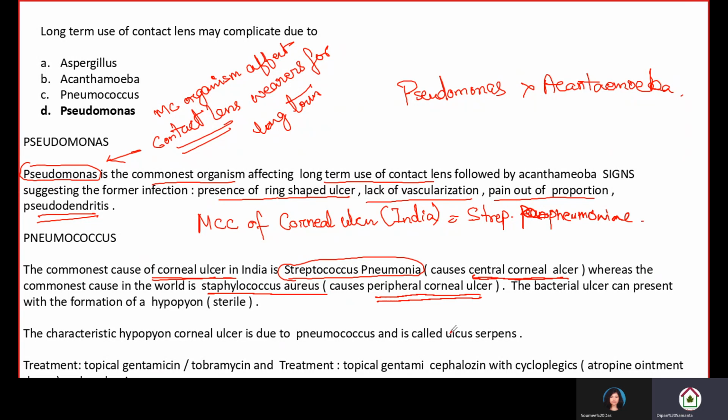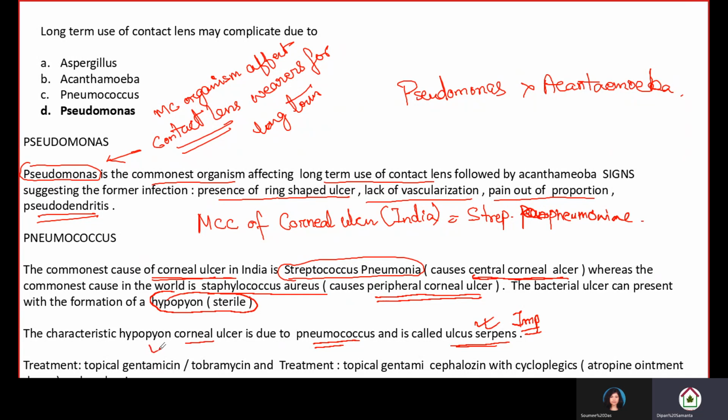A bacterial ulcer can present with the formation of hypopyon. The characteristic hypopyon corneal ulcer is due to pneumococcus and is called ulcus serpens. Very important term. It looks like a snake.